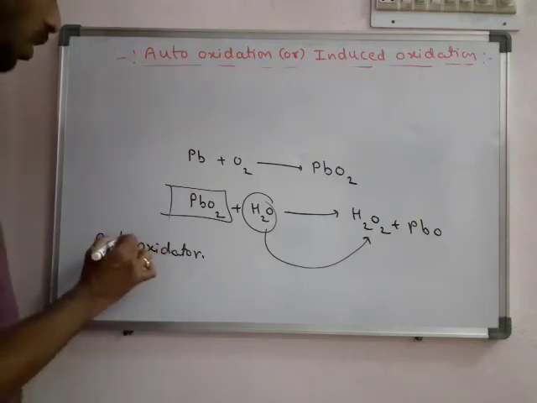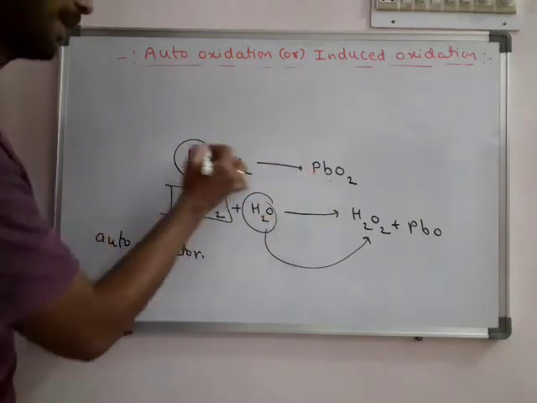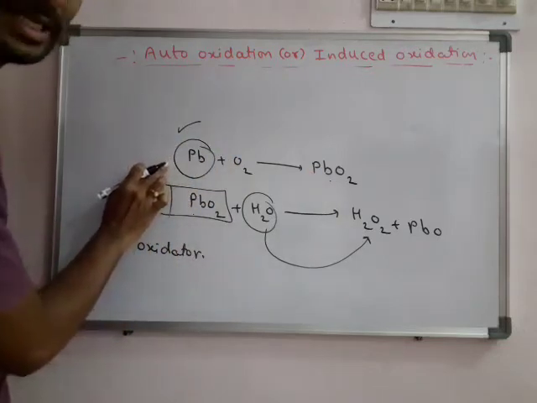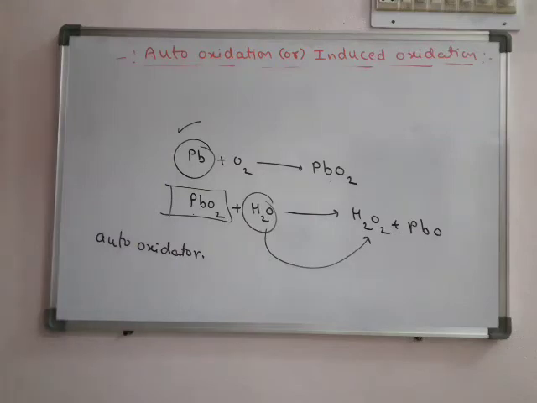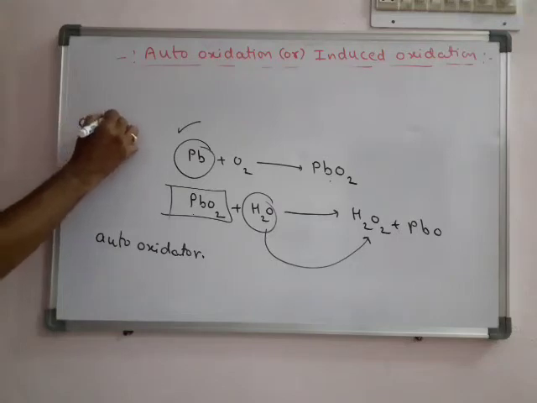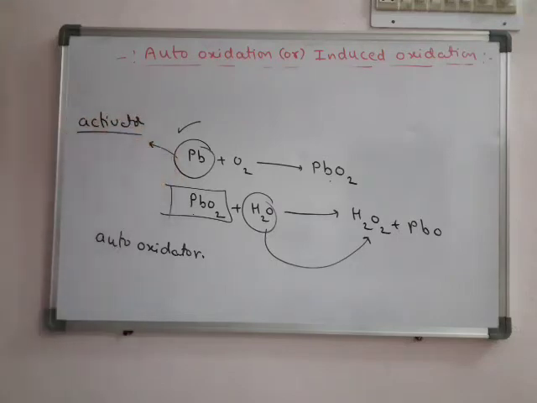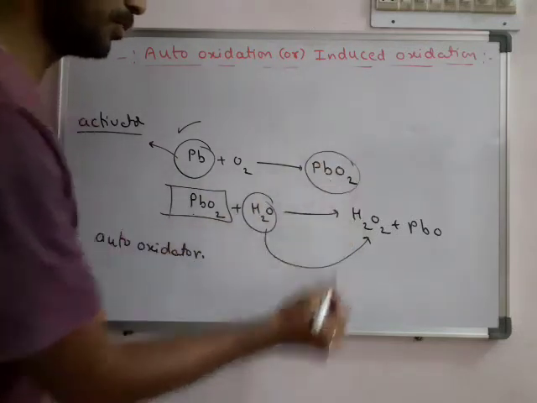సో ఈ auto-oxidator ఎట్లా ఫామ్ అయింది యాక్చువల్గా? This auto-oxidator is formed by a starting material that is called here lead. ఈ ఎగ్జాంపుల్ lead. So this lead is called activator. Okay, this compound is known as activator. సో ఇది ఆక్సిజన్ తో కంబైండ్ అయిపోయి ఒక అడిషన్ కాంపౌండ్ ఫామ్ అవుతుంది.